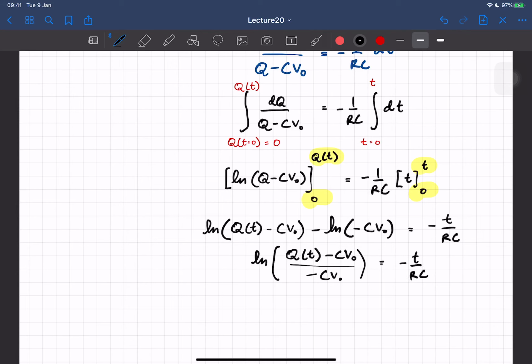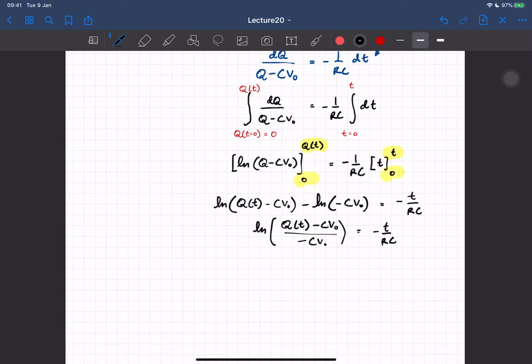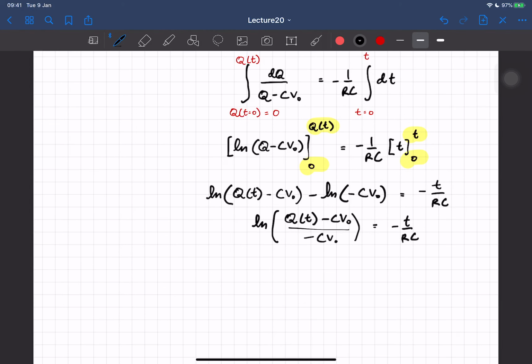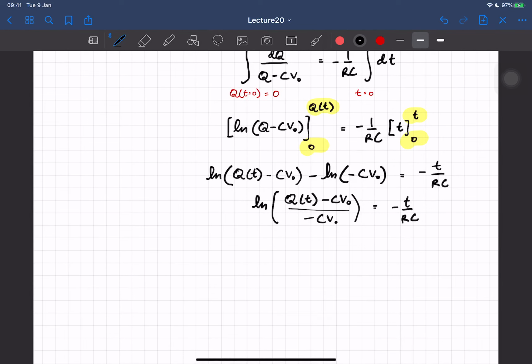And then you can exponentiate both sides. You can do that by yourself. It's just algebra, so I don't want to spend too much time doing something like that.